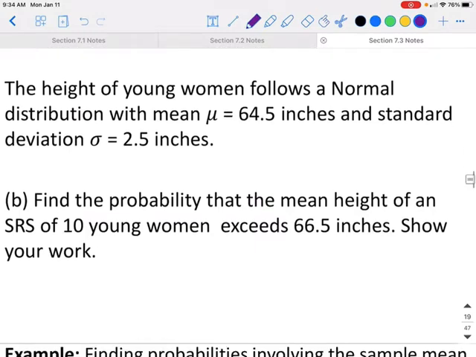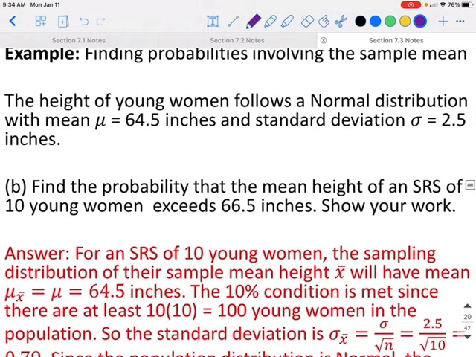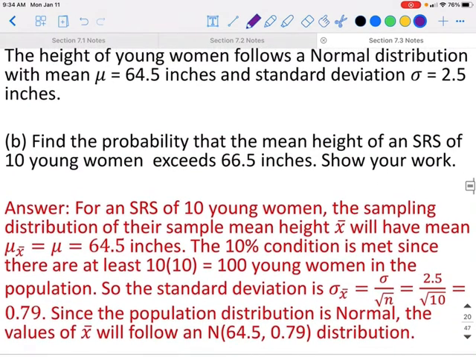We do have to find the new standard deviation, and our sigma sub x bar is equal to the standard deviation for the entire population divided by the square root of n, or 2.5 divided by the square root of 10, which is going to give us 0.79. Since the population distribution is normal, the distribution of x bar would also be normal, with a mean of 64.5 inches and a standard deviation of 0.79 inches.